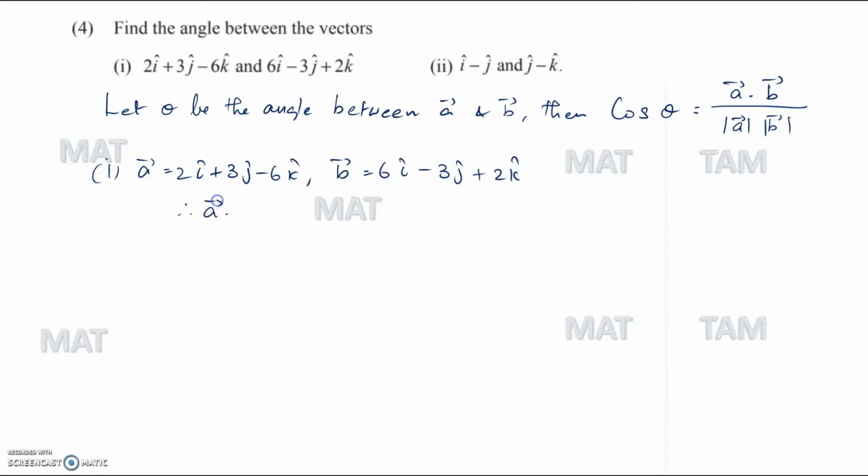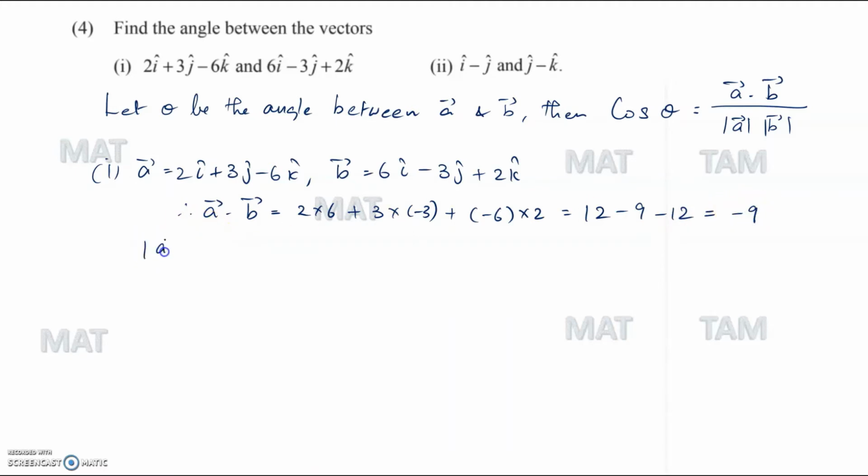Therefore, our vector A dot product with vector B is equal to 2 times 6 plus 3 times minus 3 plus minus 6 times 2. So simplifying this, 12 minus 9 minus 12, which is equal to minus 9.